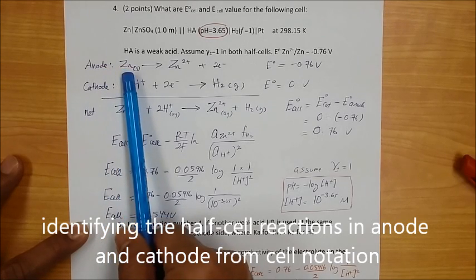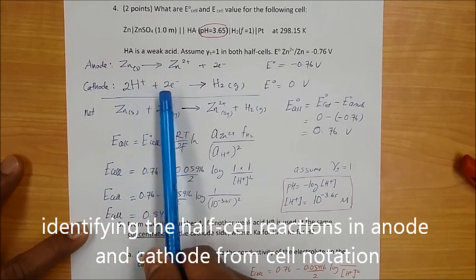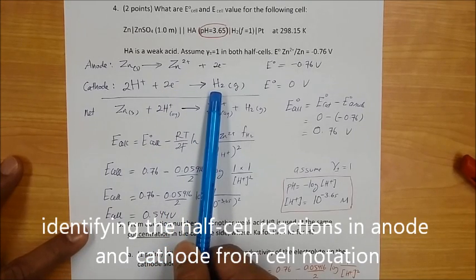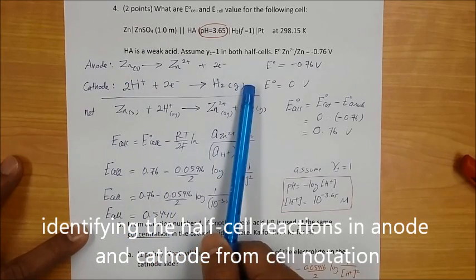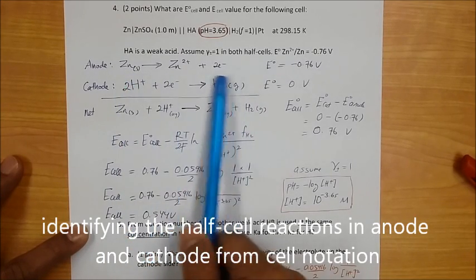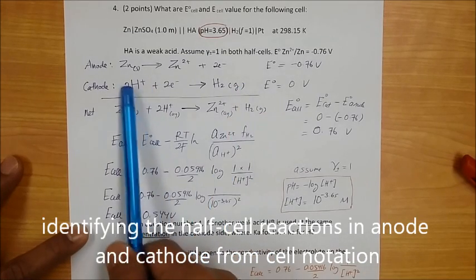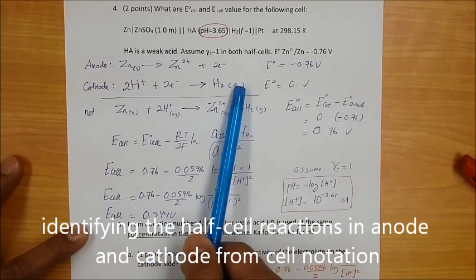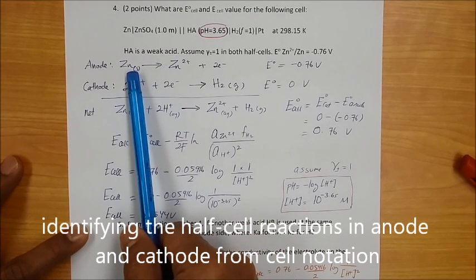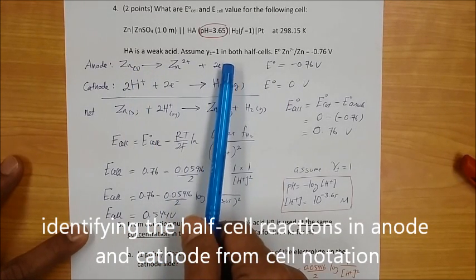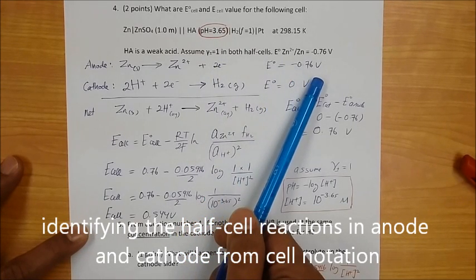Here the anode is zinc oxidized to zinc 2 plus, and the cathode is H plus reduced into hydrogen gas, right? So we know from our lecture that this reaction is the reference reaction. It means that the potential at standard condition, or the E naught of this half cell reduction reaction, is 0, right? And the E naught of zinc 2 plus reduction is minus 0.76.